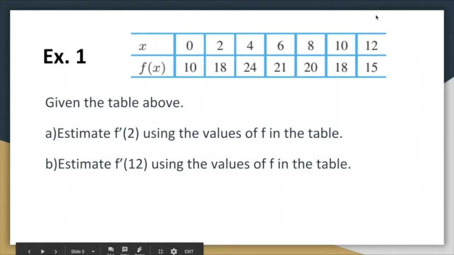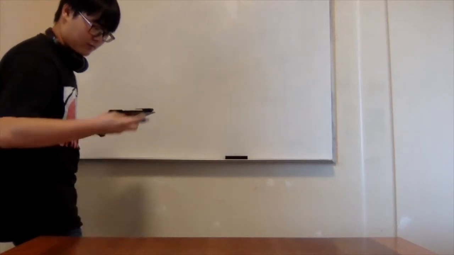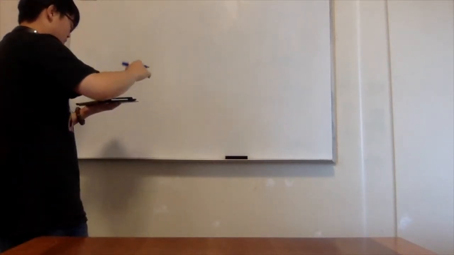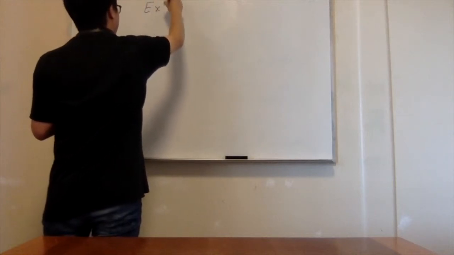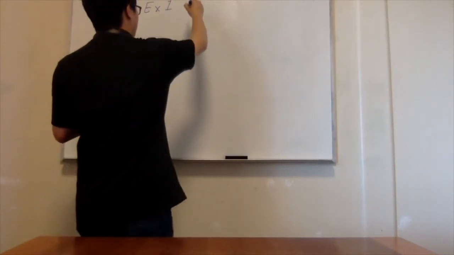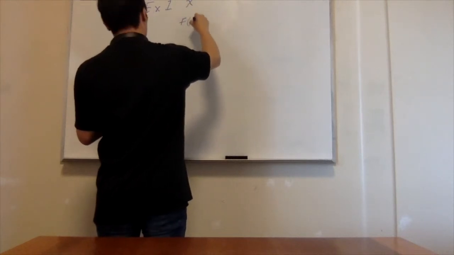So example number 1, given the table above. A: estimate f prime of 2 using the values of f in the table. B: estimate f prime of 12 using the values of f in the table. Okay, that's the table of x and f of x.